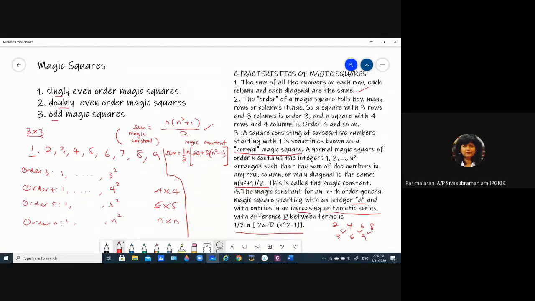And the third type is odd magic squares. So today we are going to look at these three types of magic squares, how to fill them. There are some known ways to fill these magic squares. Actually, there are many ways of filling magic squares. It's just your preference which way you want to use. So let's look at the next slide.